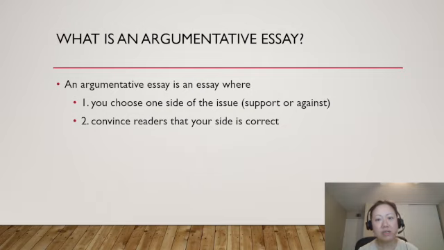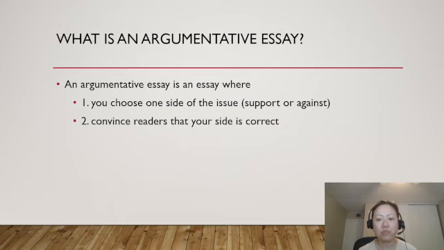So, first of all, what is an argumentative essay? It is an essay where you choose one side of the issue, whether you support or are against the issue, and it is your job to convince the readers that your side is correct. How do we convince people that our ideas are worth considering?